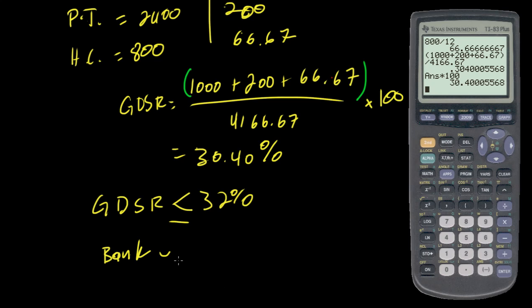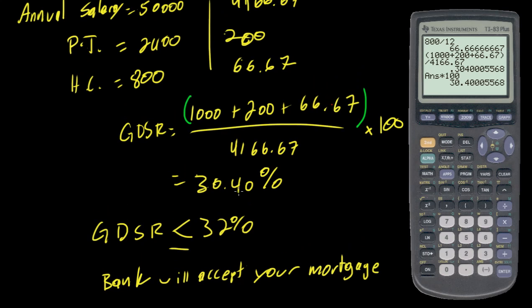It's not an automatic no. The bank will probably accept your mortgage. If this number came out a little higher, something like 32.5 or 33%, then that means you would owe more per month than you could afford, and the bank would not give you that loan for that mortgage.